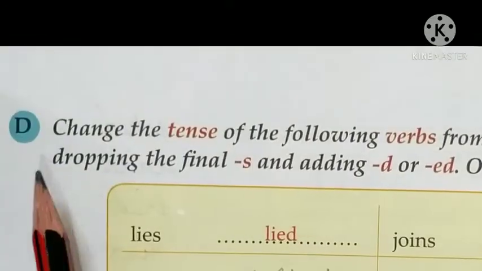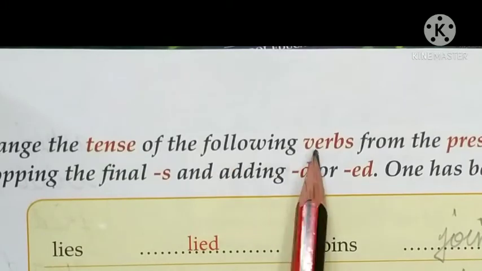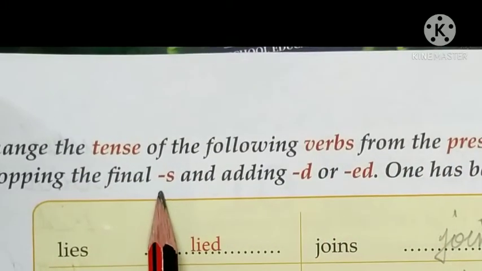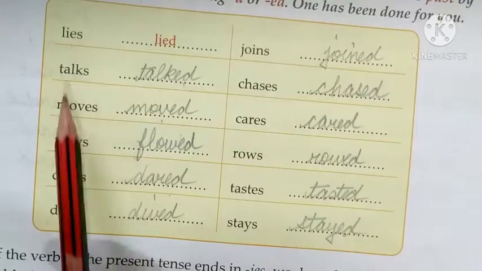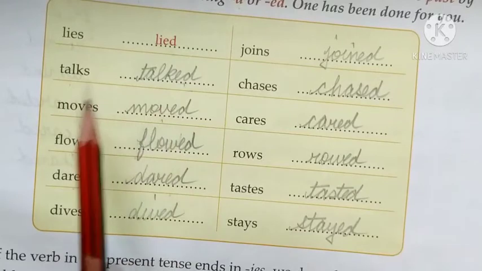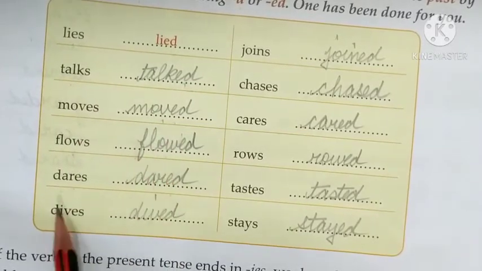See this one, D1, page number 35. Change the tense of the following verbs from the present to the past by dropping the final S and adding D or ed. Lies, lied. Talks, talked. Moves, moved. Flows, flowed. Dares, dared.